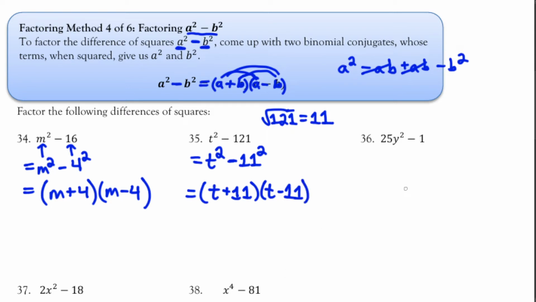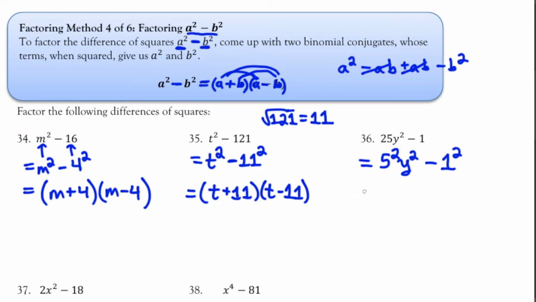Let's see how it can be a little more complicated. To make it a little more complicated, this first term is made of a bunch of different squares. Like 25 is 5 squared, and y squared is also a perfect square, and 1 is also a perfect square because 1 is 1 squared. Well, I can't use the difference of squares rule right now, because it doesn't exactly look like one thing squared minus a second thing squared.